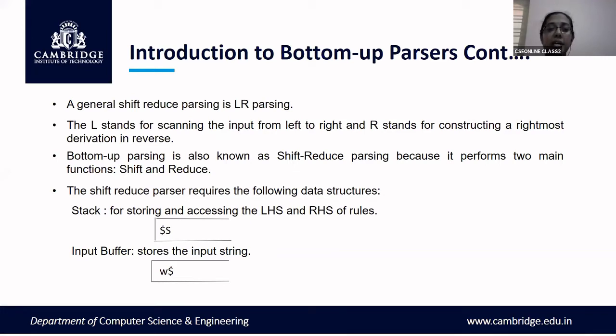Hope it is clear. The 2 data structures used in shift-reduce parsers are the stack and the input buffer. Stack is used for storing the LHS and RHS of the production rules, and the input buffer is used for storing the input string that you are supposed to parse, which is represented by W. Now this shift-reduce parser employs 4 different operations.